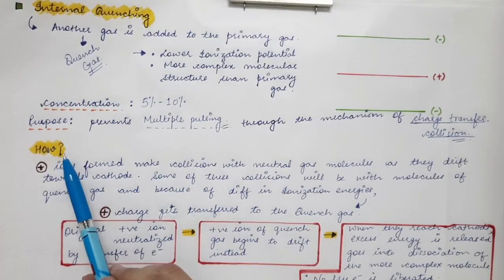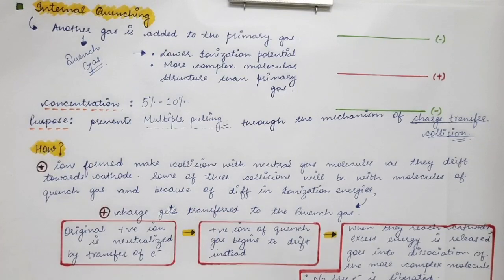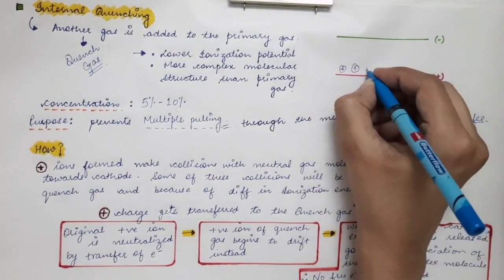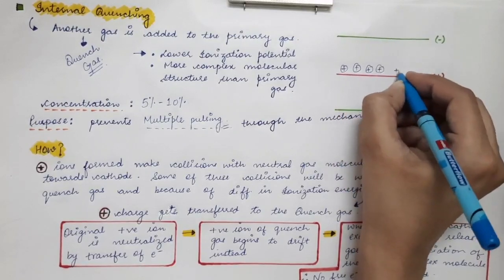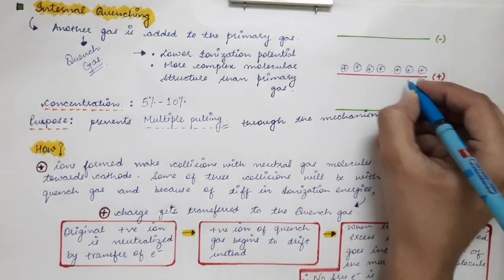Now how does this additional gas avoid multiple pulsing? Let's say after the first Geiger discharge has occurred in the GM tube, you have positive ions around the anode wire.